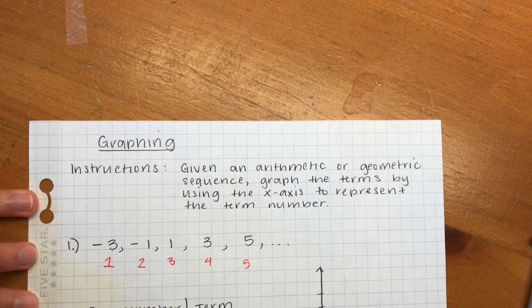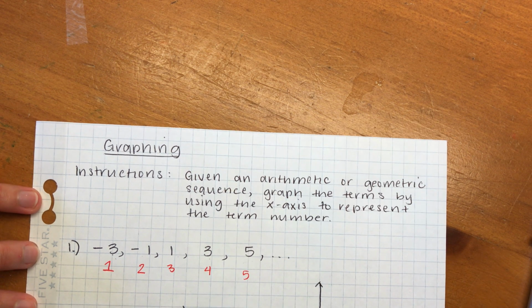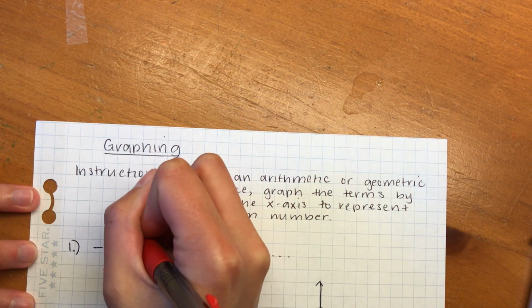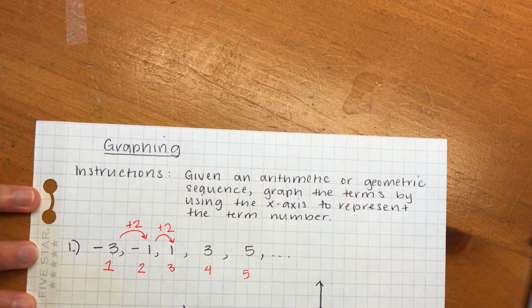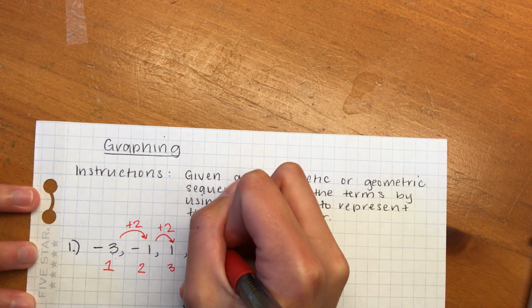So then, what I'm going to do when I have this sequence, and we know it's arithmetic, think about that. How do we know it's arithmetic? What's happening between each number? If you said we're adding by 2, you're correct. So this is arithmetic.